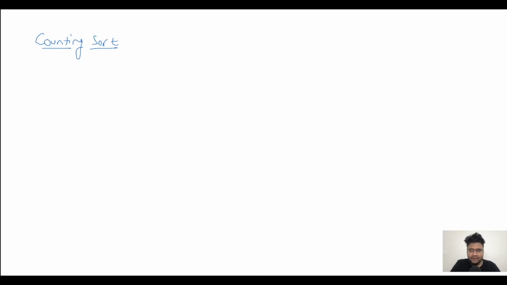So what happens in counting sort is, let us suppose I was given some numbers. Now how we can sort these numbers, right? If you see, there is a certain pattern which is getting followed, right? So what we do in counting sort, we basically count the number of occurrences of each of these numbers, right?